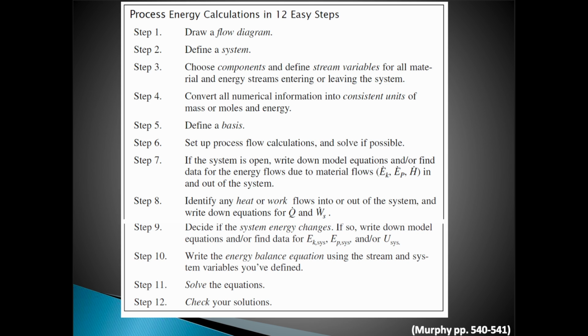What are we going to choose, mass or moles? That'll help us with our stream variables. Moles. Why? Okay, they gave us moles, but I could have given you mass. And it still would have been better to go with moles. Why?